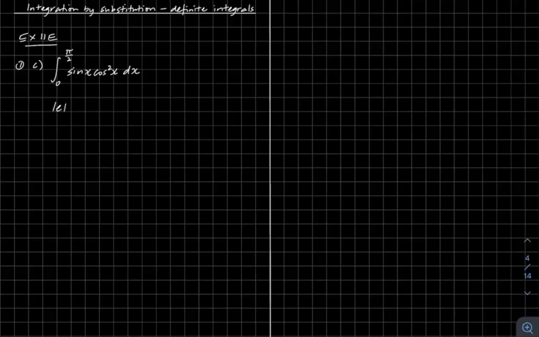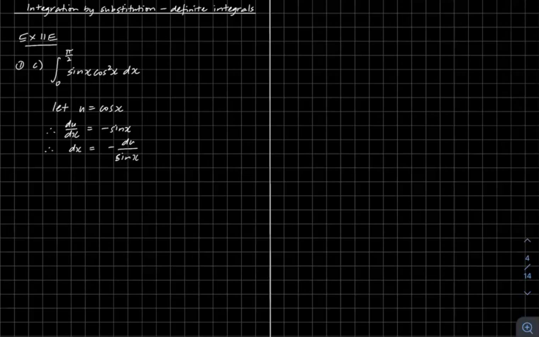Let's let u be equal to cos x, since that's the one that's squared here. Therefore, du dx is negative sine x. So we're going to express dx as the negative of du over sine x.